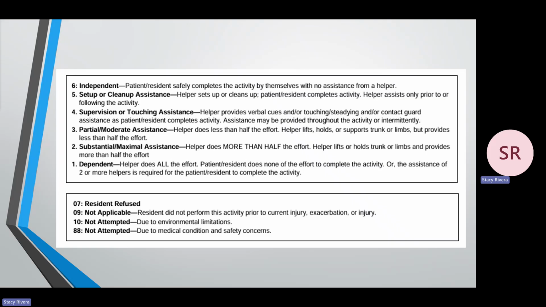Even if it's 1 person managing some necessary equipment and 1 person providing the assistance, that's considered dependent. So if you have a resident with an oxygen tank that someone's got to manage while you're doing some sort of activity, that's 2 people, that's automatically dependent. That can be a gray area sometimes, but we'll touch on that more throughout the presentation.